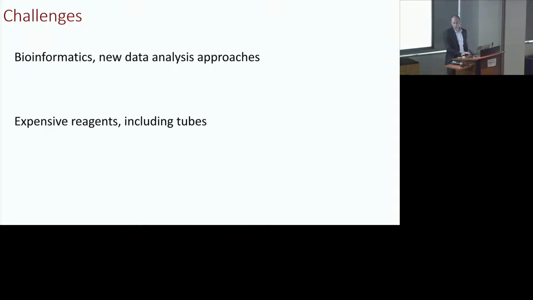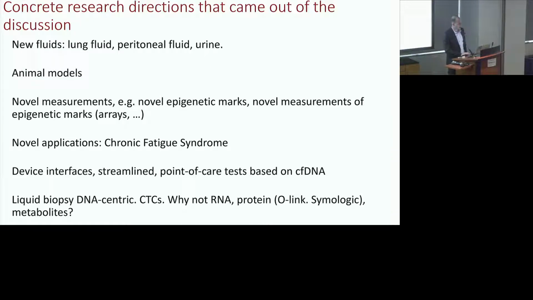For example, the best possible tubes to store blood in if you want to develop a liquid biopsy based on blood is something called a Streck tube, which costs about $10 per sample, which can actually be a hurdle for clinical collaborators if you ask them to collect many hundreds of samples for you. So that is one challenge that came up.